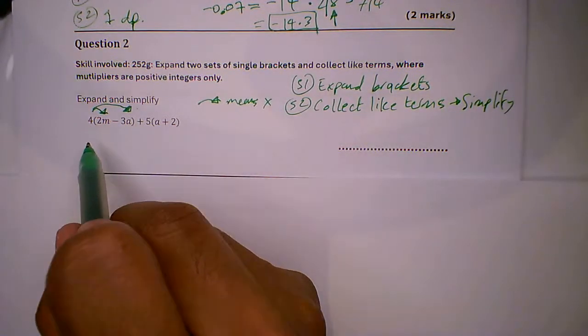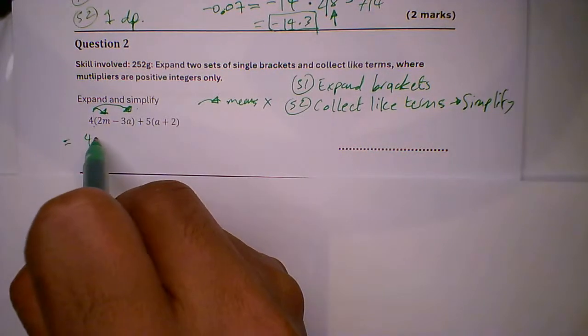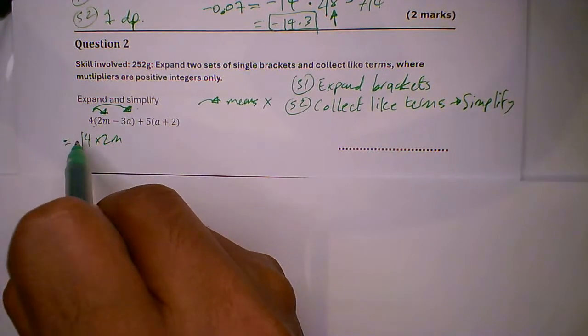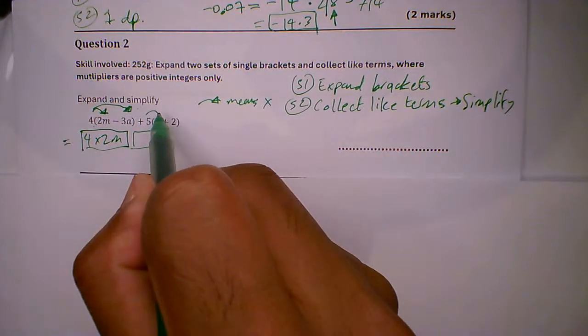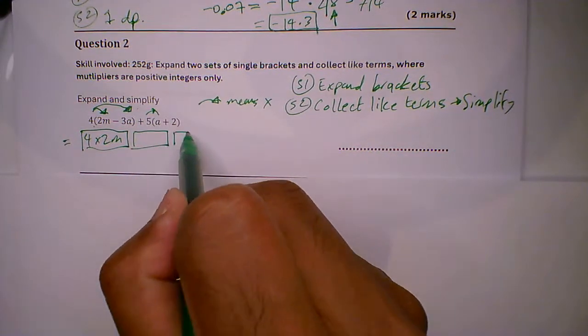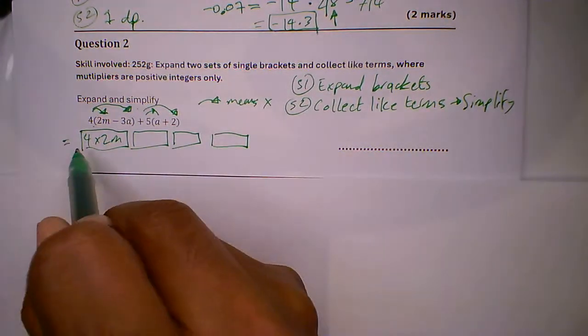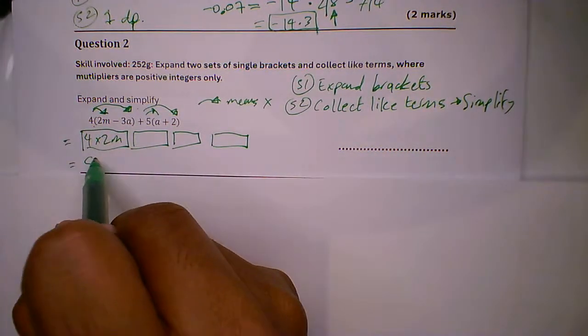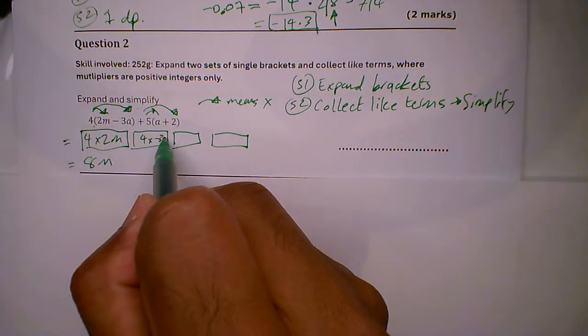Okay, so we've got 4 times 2m in the next term, and then we have the next term, and then we'll have the last term. So we're going to have 4 terms here. So 4 times 2m is 8m. 4 times minus 3a.